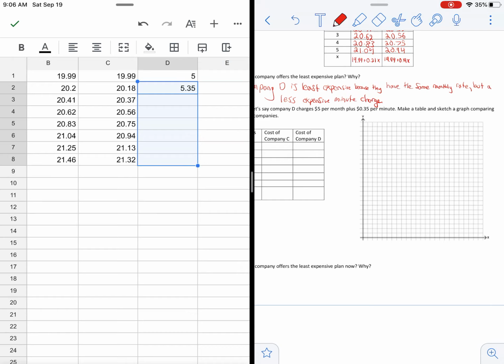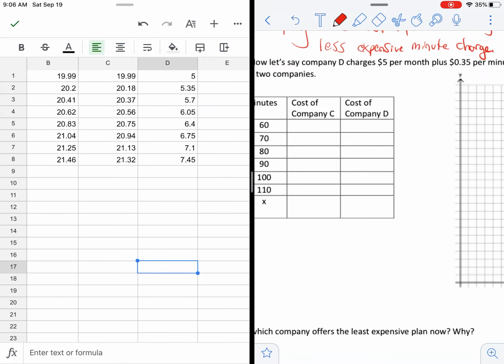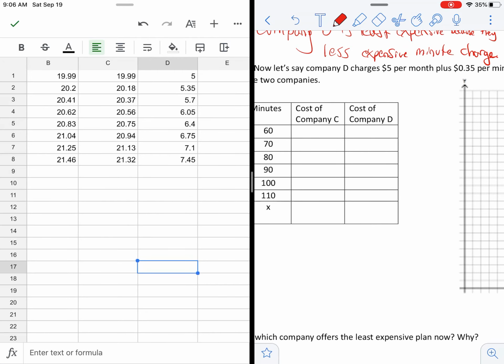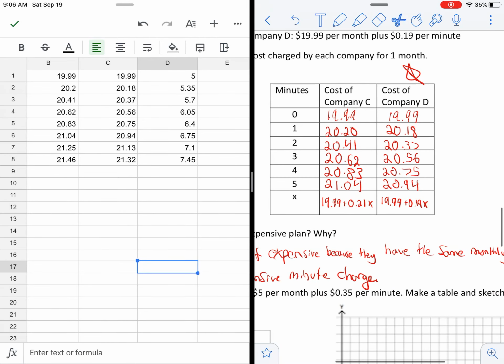Okay, so there we go. So it looks like company C is still doing the same thing. So to save time, I'm going to snip everything here.